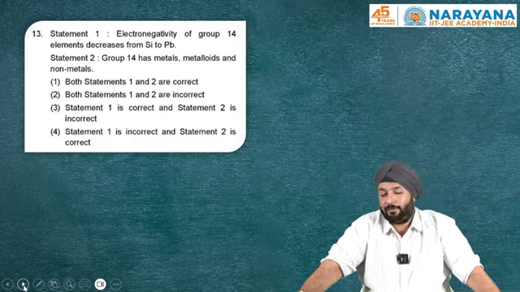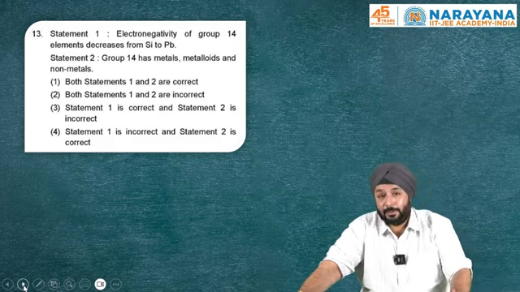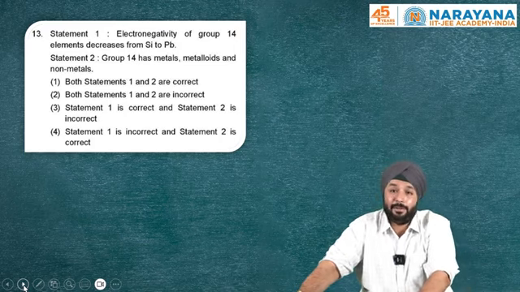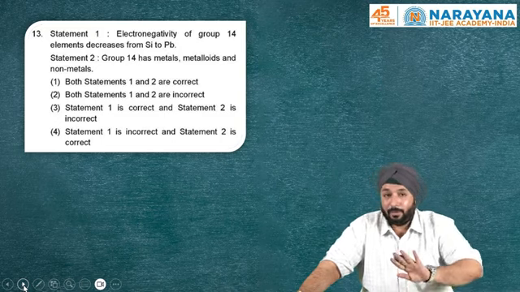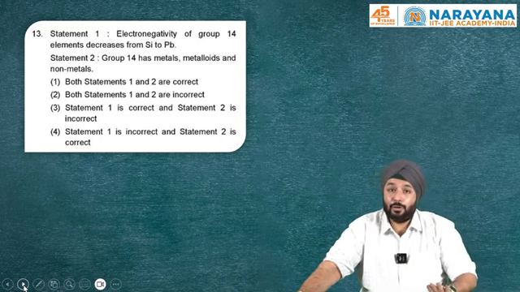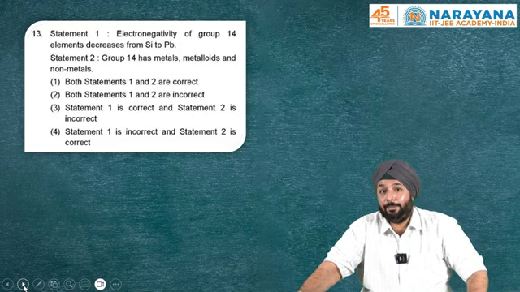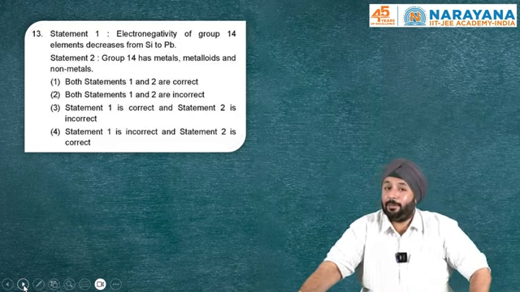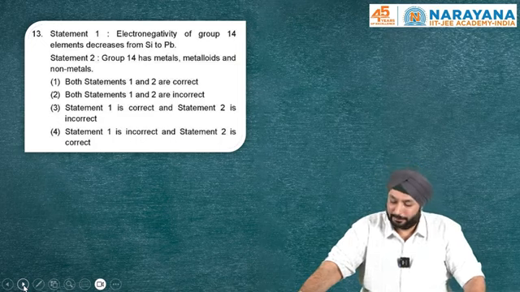We have spent a lot of time making students understand how these trends are observed inside a particular group. So you also should know all the physical and chemical property trends in the respective groups, and it came directly from NCERT, a memory based question, right?